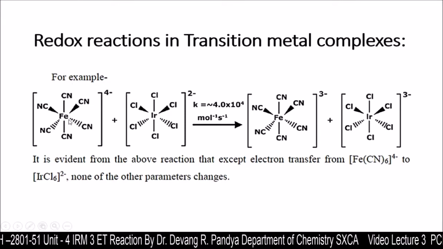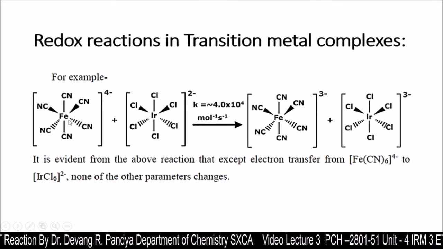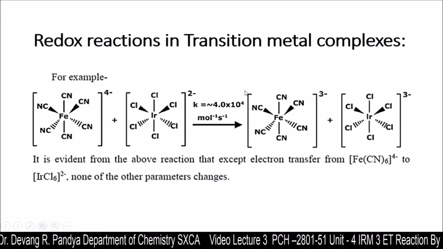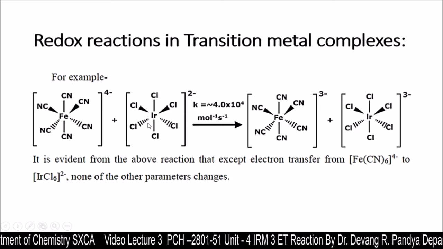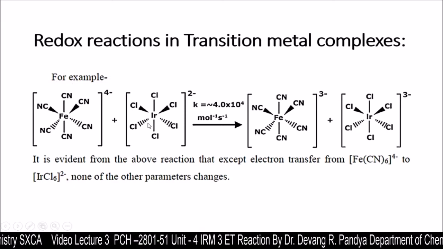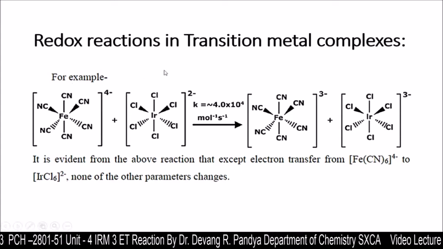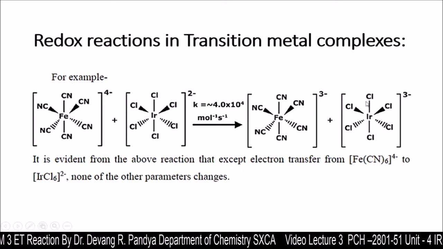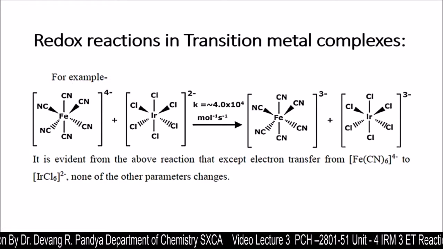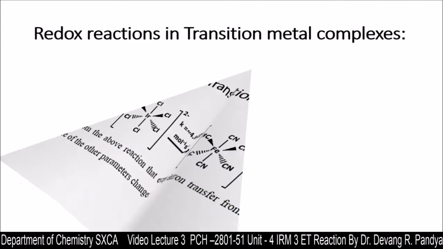The oxidation state of Fe increases from +2 to +3, ferrous to ferric, and the iridium oxidation state decreases. Here you can see it is -2 with 4 chlorides, so +4, and it is reduced to +3. That way we get the outer sphere electron transfer mechanism in this example.